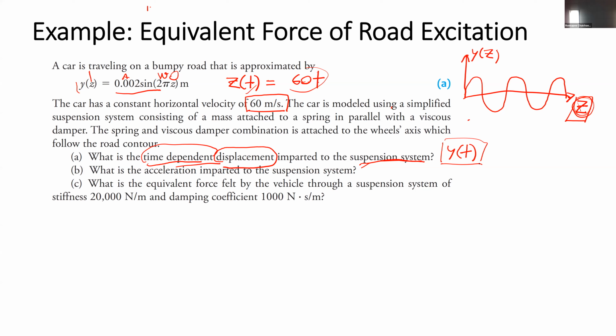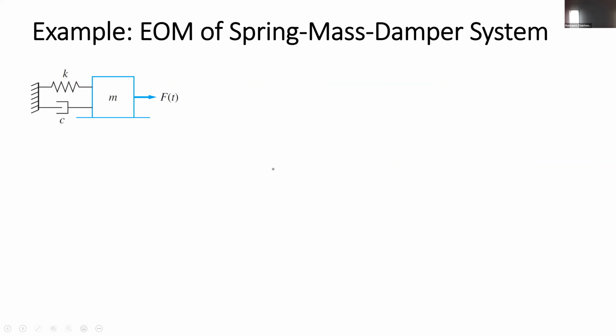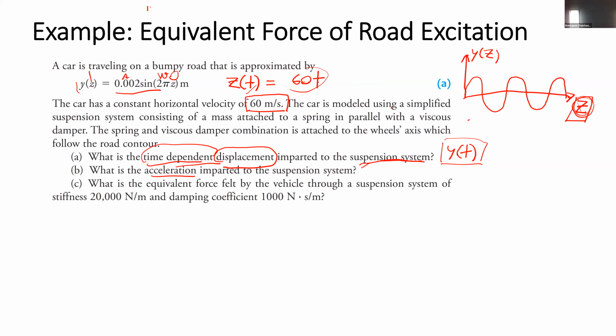You can find y as a function of time. And what is the acceleration imparted to the suspension system? You know y(t), you find the second derivative, you can obtain the acceleration. What is the equivalent force felt by the vehicle through the suspension system?